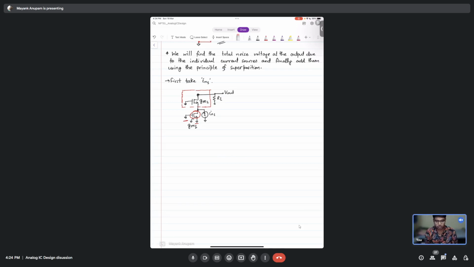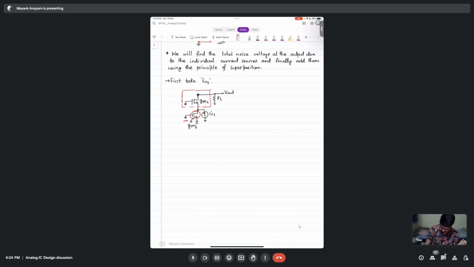Another question: if our VDS is less than VGS minus VTN and we are applying 1 milliamp current, which region will the transistor be working in?